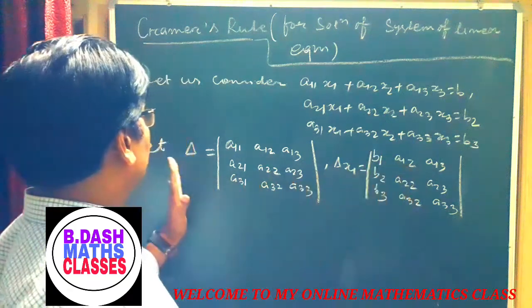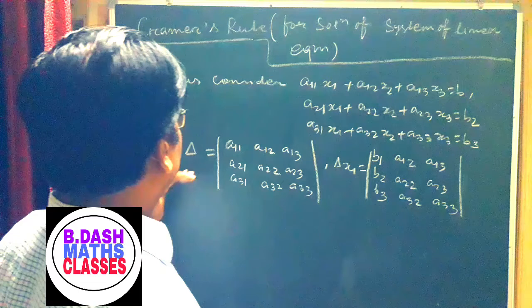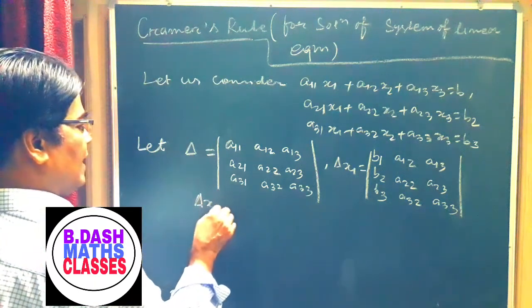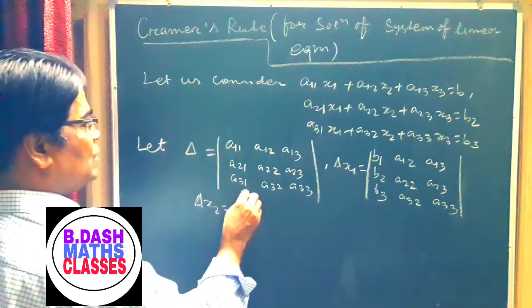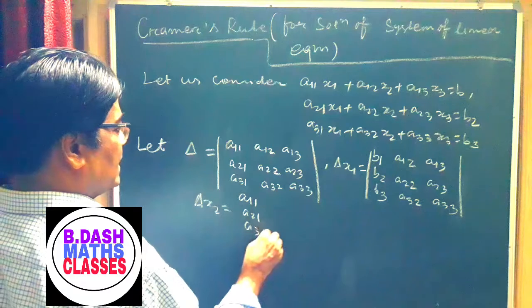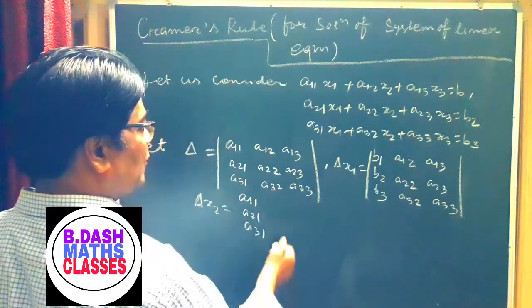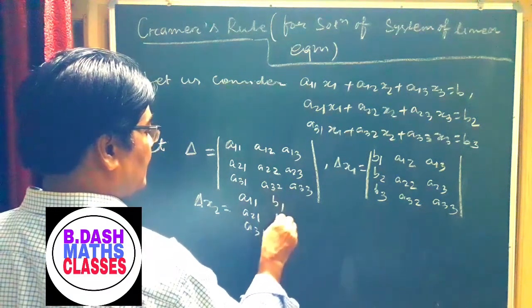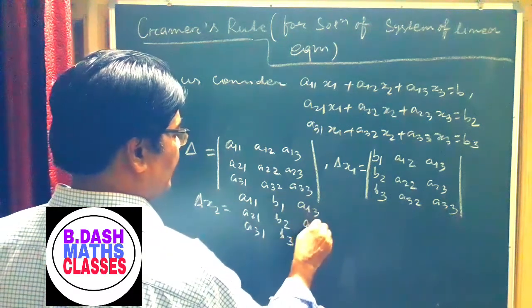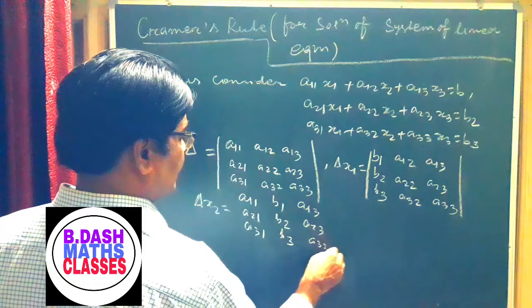Second and third columns remain as in delta. Then delta x2 has columns a11, a21, a31, the middle column replaced by b1, b2, b3, then a13, a23, a33.